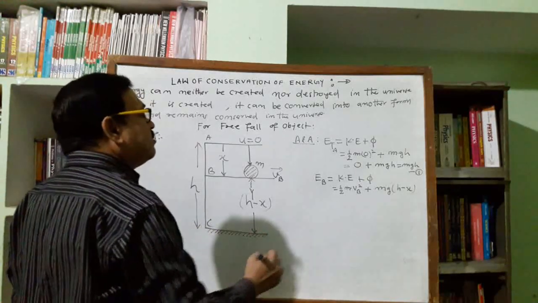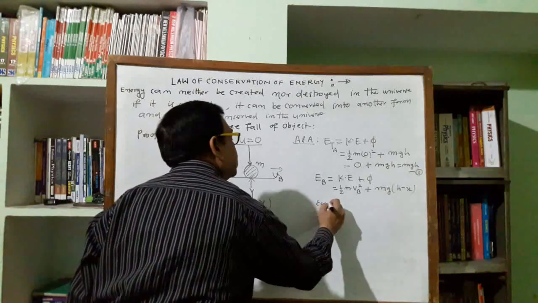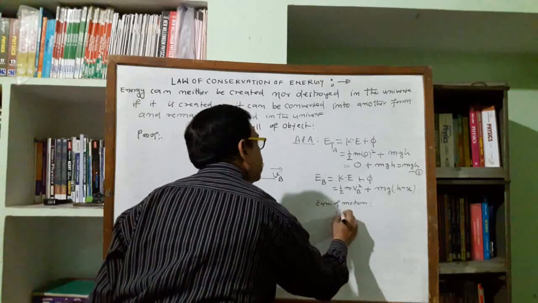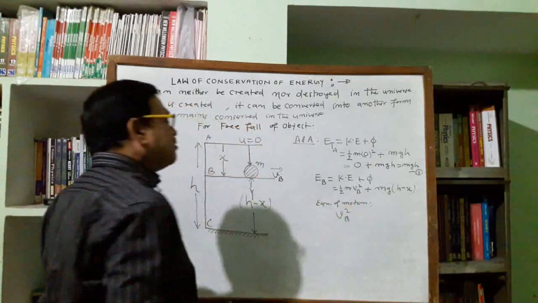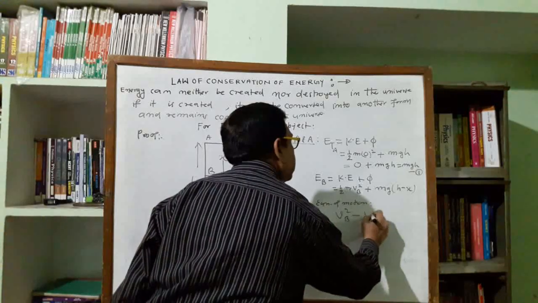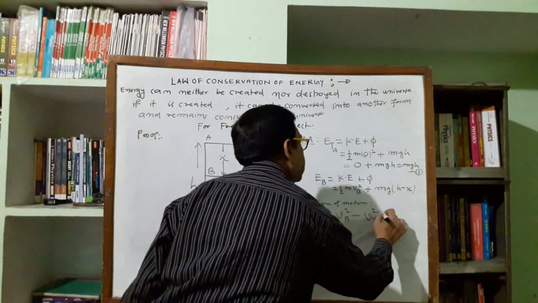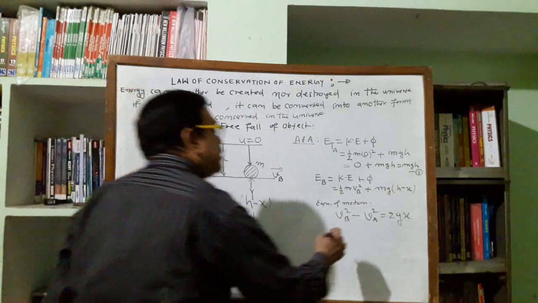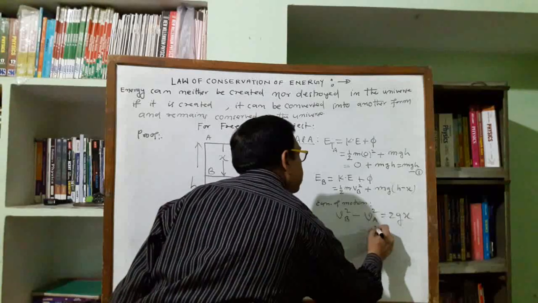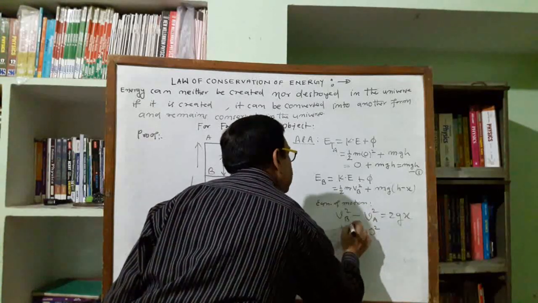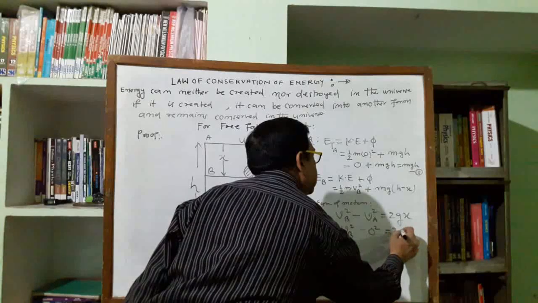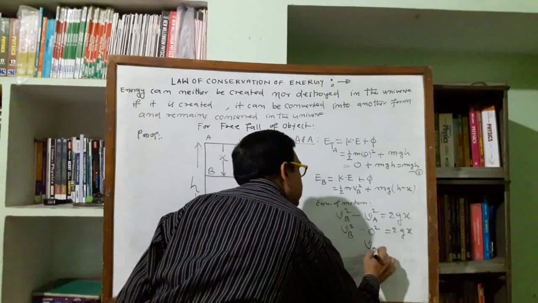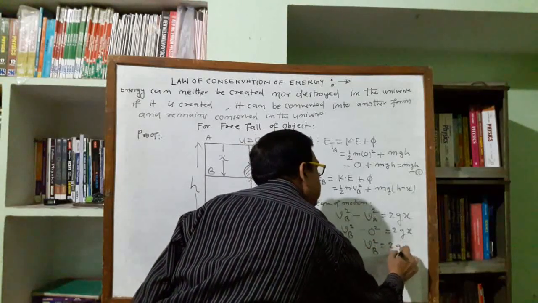Now how to write the value of the velocity by equation of motion? By equation of motion we can write vB square equals vA square plus 2gx. The velocity at A is the initial velocity of the object and velocity at B is the final velocity acquired by the object during free fall. So we get v square is equal to 2gx.